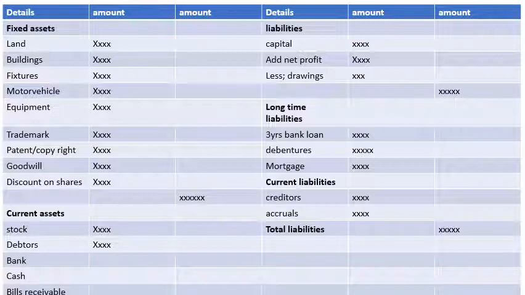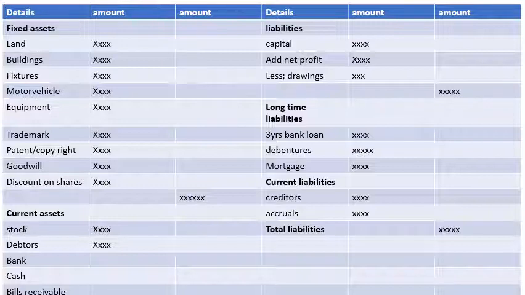And then below, current assets: stock, debtors, bank, cash, bills receivable, to mention but a few. Again, you sum them up and put them in the second column. When you add the total for fixed assets plus the total of the current assets, we get our total assets below.